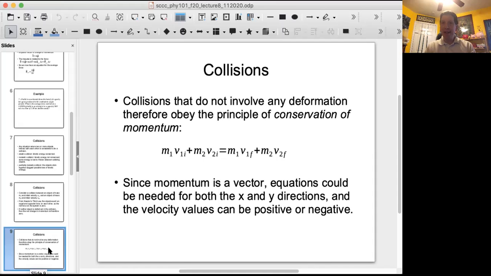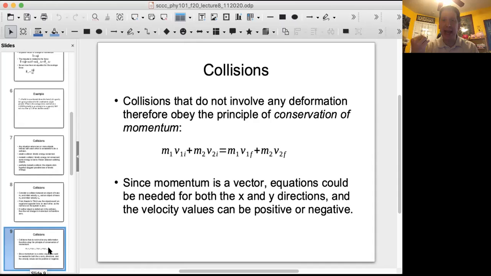And keep in mind the components of the velocities, and therefore the components of the momentum vectors, can be positive or negative. Let's say you have one object moving to the right initially and one object moving to the left initially, and you define the positive as to the right. The object moving to the right has a positive initial velocity, which means it has a positive initial momentum. The object moving to the left has a negative initial velocity and a negative initial momentum.